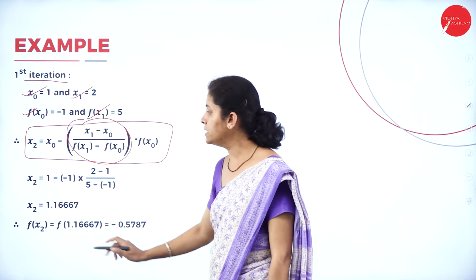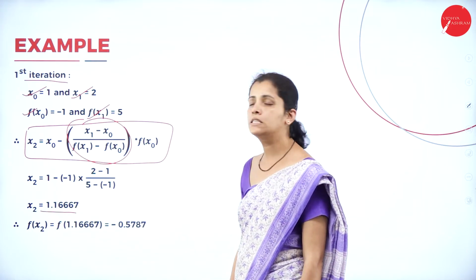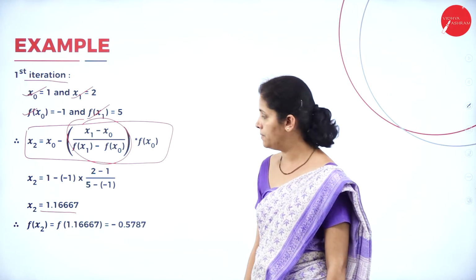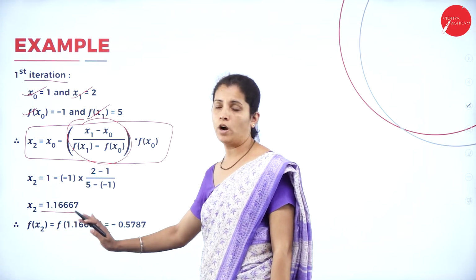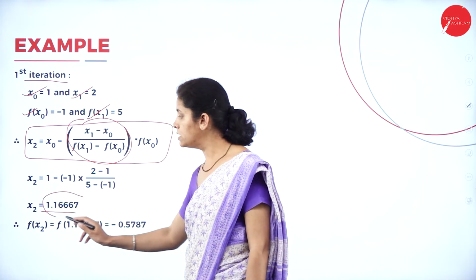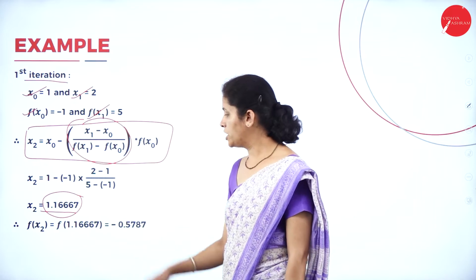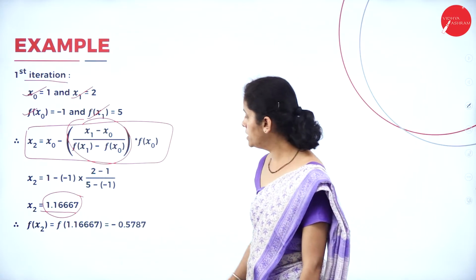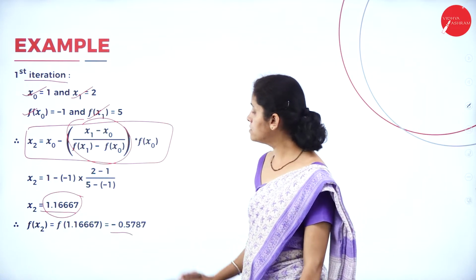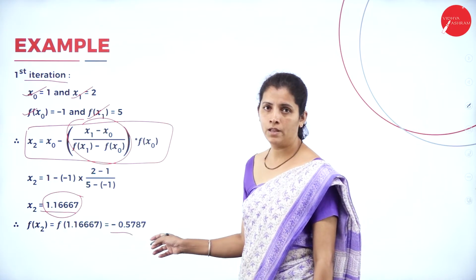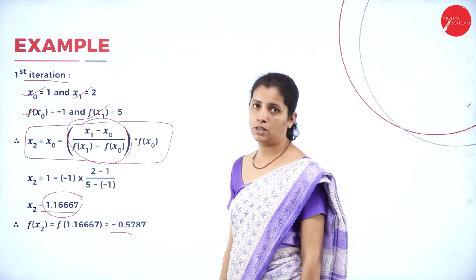After substituting this, I got the answer, that is 1.16667. Now I want to find f of x2. So I'm going to substitute this value in the given equation. So after substituting, I'll get minus 0.5787. Okay, now I got x2 as well as f of x2.